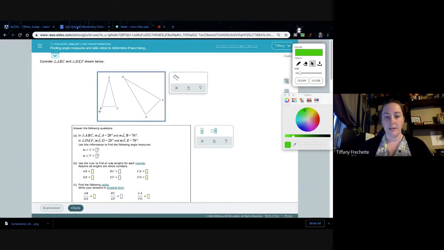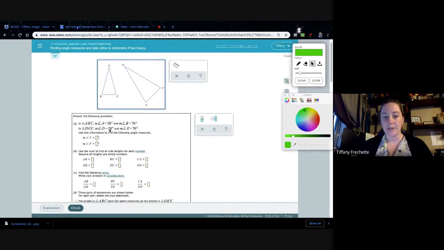And so we have triangles ABC and DEF. We're given 28 and 28 for A and D, and 76 and 76 for B and E. So we know that the angles are going to match up because they all have to add up to 180 degrees. I just have to subtract what I'm already using. I'm already using 28 and 76, and I know I wrote that upside down, but it's okay because it's plus.